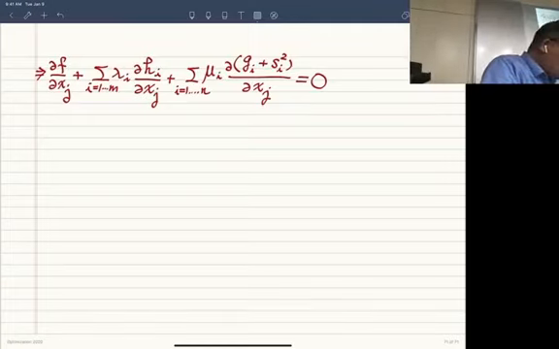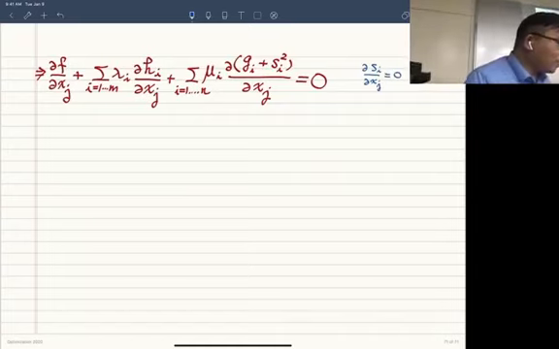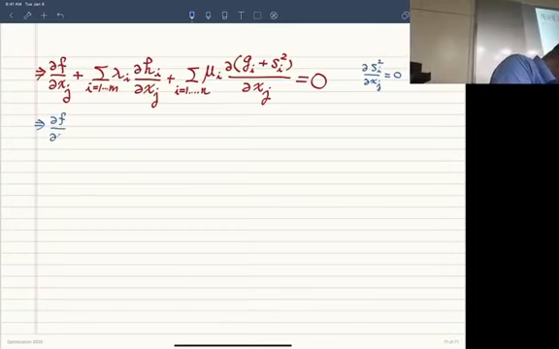Since all the si has nothing to do with xj, right? We are doing derivatives, but si has nothing to do with xj. So the gradient of that part, of course, is 0. And of course, si squared has nothing to do with xj. That's why that portion is 0. So that we could further reduce the complexity of this equation.